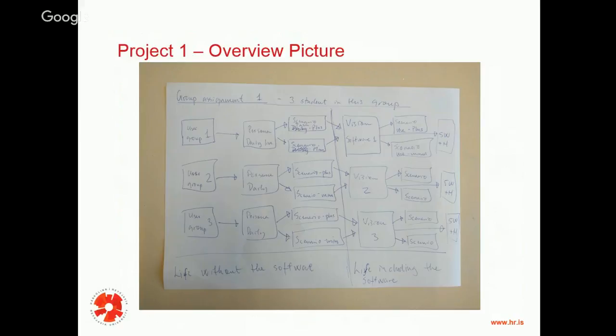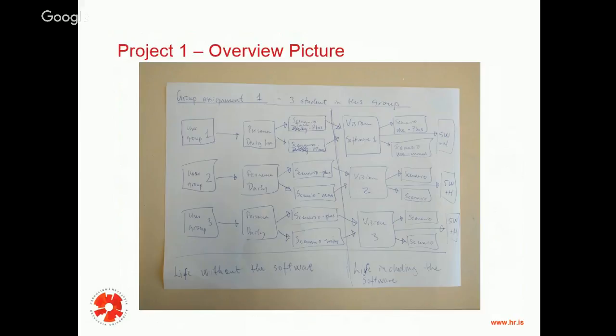Okay, so you have the line here in assignment one. And this line tells you this is the life without the software, life before you had some tools that you were designing. And this is the life of the users after having the software you're suggesting.